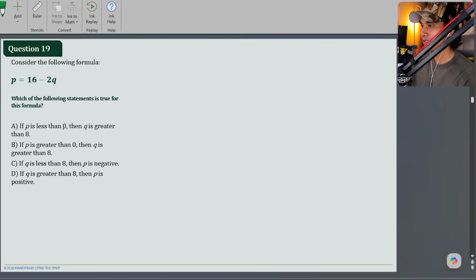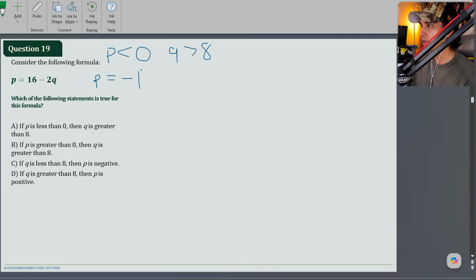If P is less than 0, then Q is greater than 8. Okay, let's just write this out really quick. P less than 0, so we can maybe make P equal -1, because that is less than 0. And then it says here, Q is greater than 8. So we're trying to prove that Q will be greater than 8.